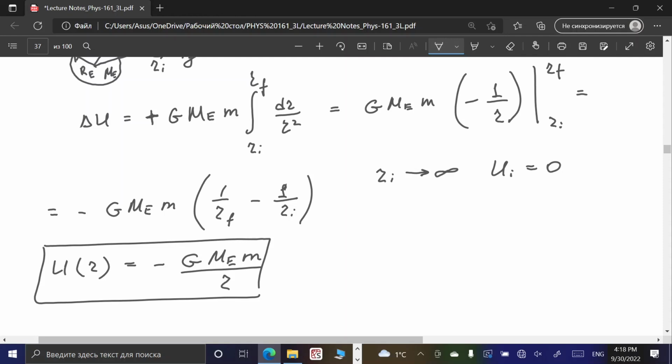So let's consider a system of 3 objects. So this will be M1, M2, and M3. And we have obviously different distances between them.